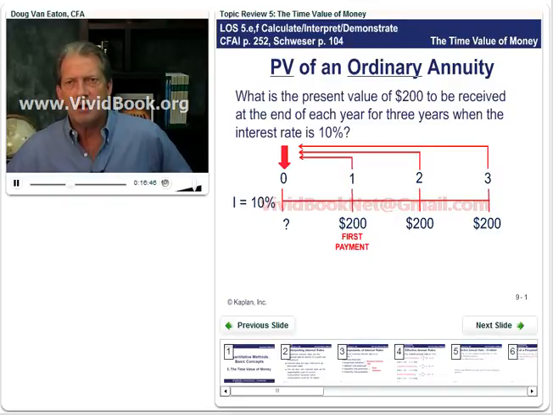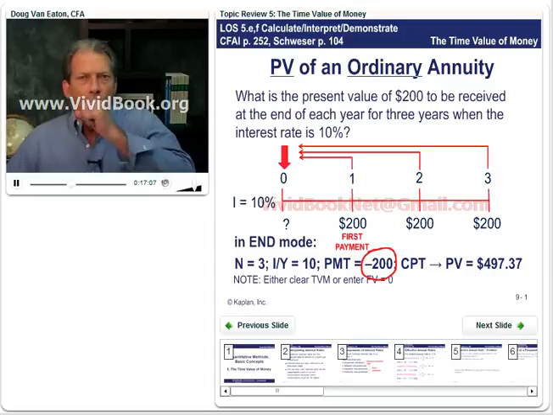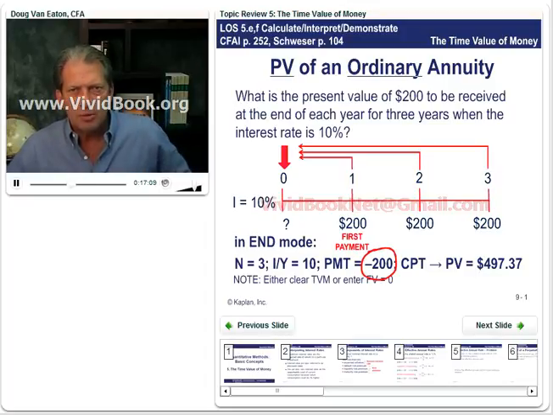If you have a number of payments in the future, then you just take the present value of each of them and add them all up to get the present value. Now, with your calculator, the difference between what we did before is now we put in a payment of minus 200, and we set the future value to 0.